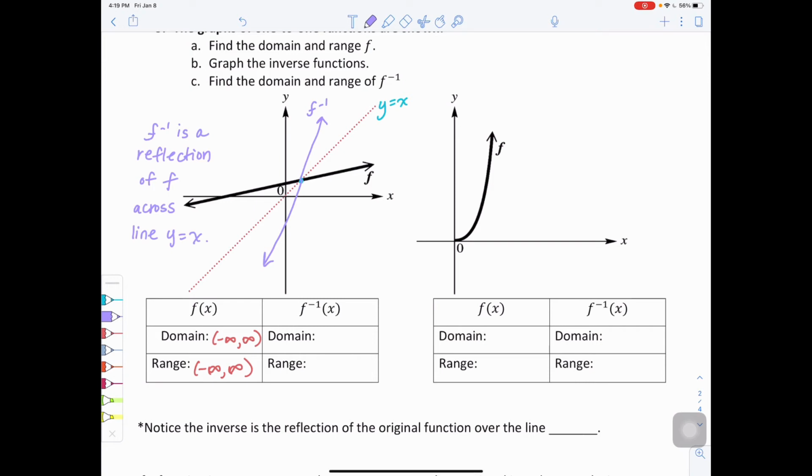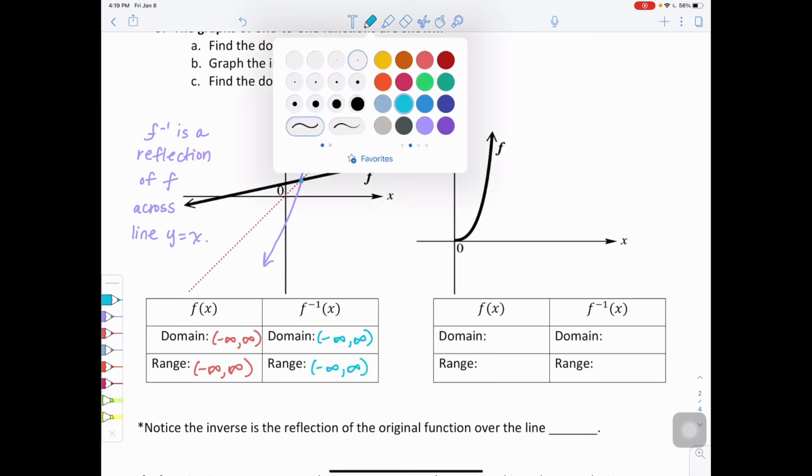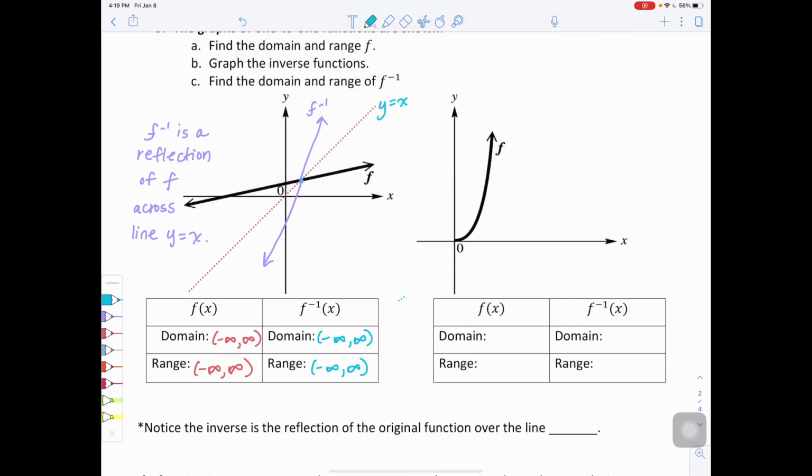Okay, let's try another one. This is a pretty nice one. Oh, I didn't write the domain and range. So the domain of our new function f inverse is all reals as well. Okay, so let's go ahead and draw the line y equal to x.